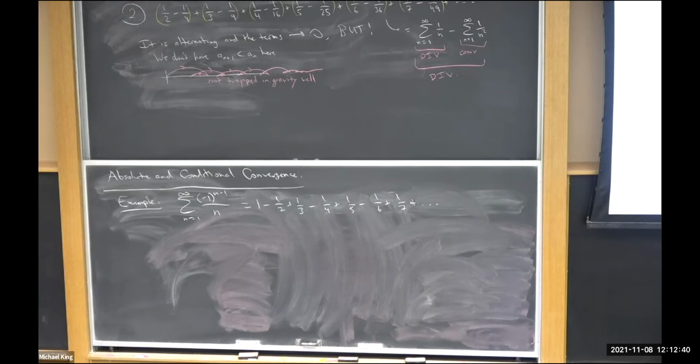So you could draw the same picture, the bouncing. You could bounce forward 1, back a half, plus a third, back a quarter, plus a fifth, back a sixth, and so on.